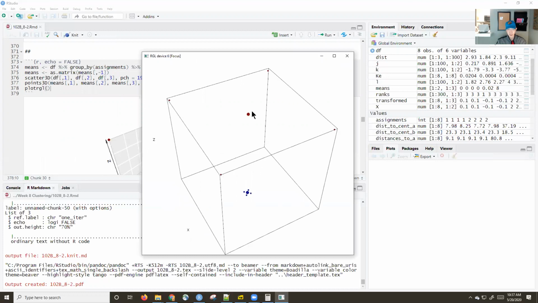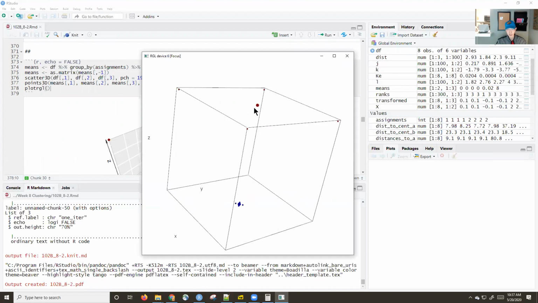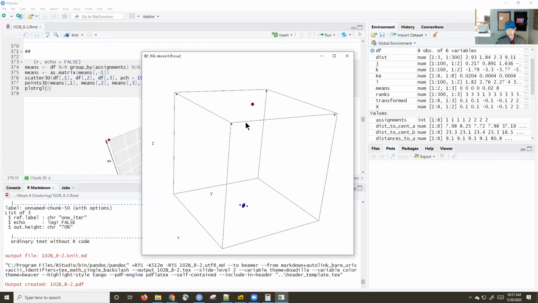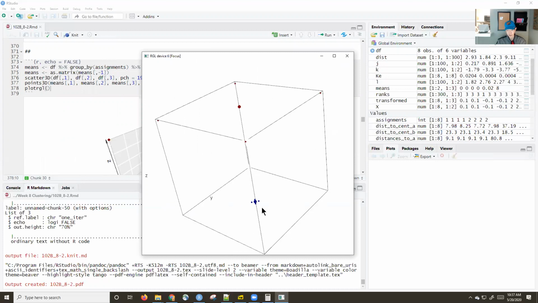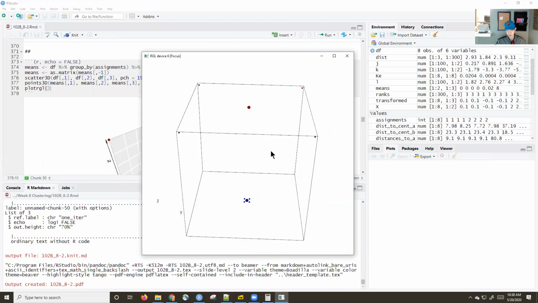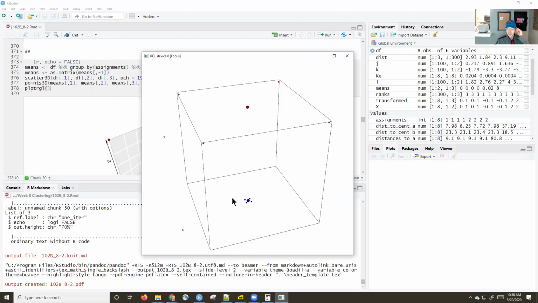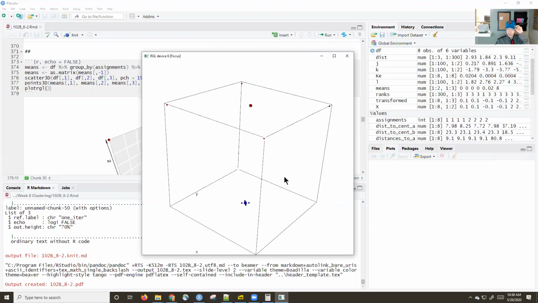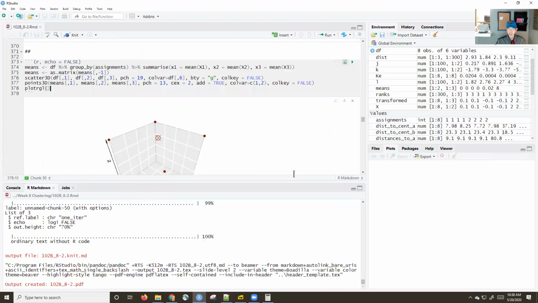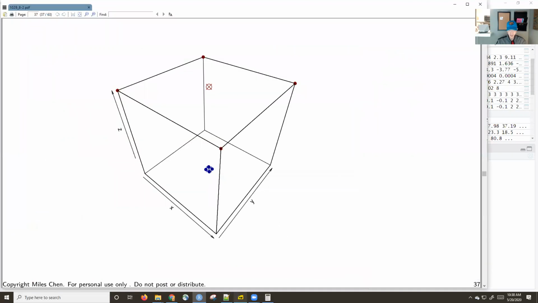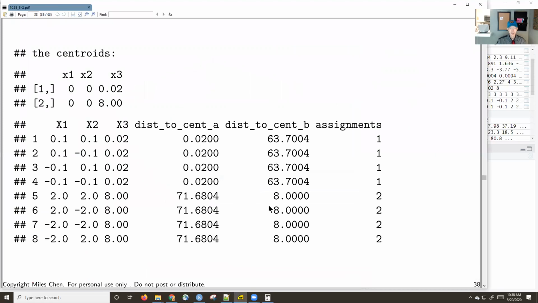We can see the centroid of this cluster is right here, on top of the cube, and then the centroid of the bottom cluster is at the bottom of the cube there. All right, and then if we say, now measure the distances again.